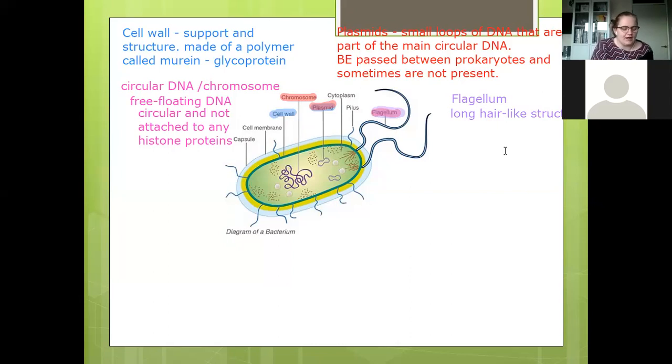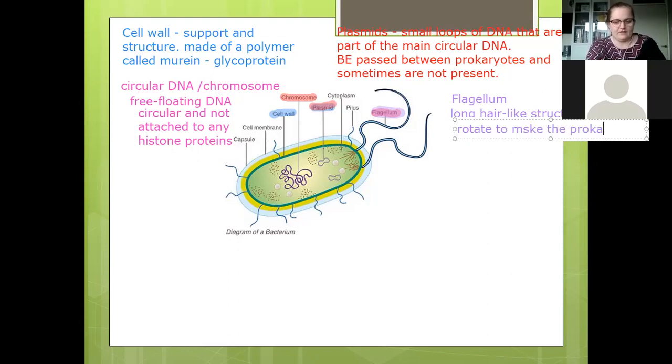Prokaryotic cells quite regularly can have a flagellum. Prokaryotic cells are unicellular organisms, and they need a way to move. These long hair-like structures rotate to make the prokaryotic cell move.